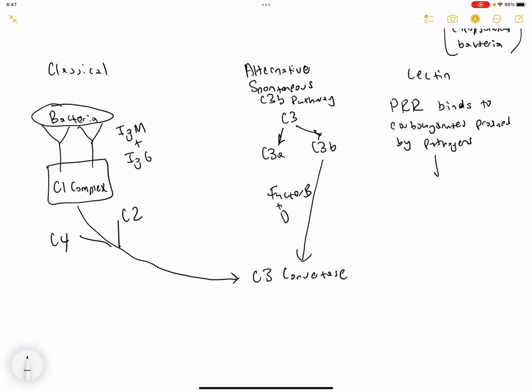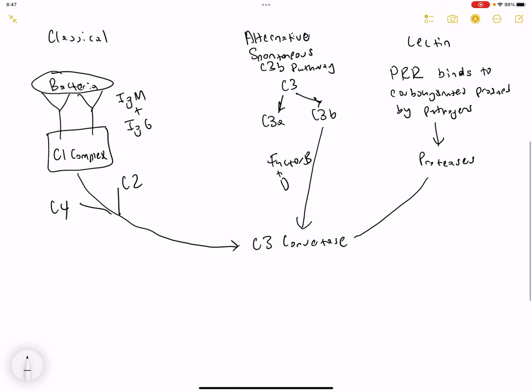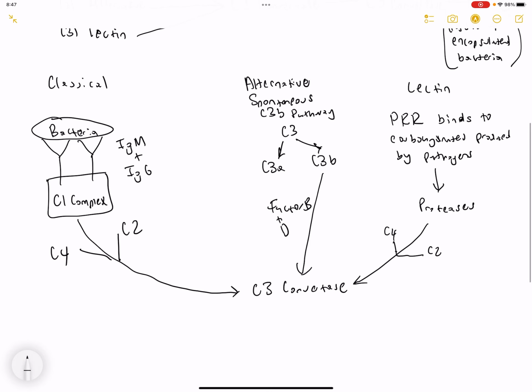Once this binding occurs, we have the formation of proteases, and these proteases are then going to cleave C4 and C2 to produce C3 convertase. The difference between the lectin pathway and the classical pathway is that the lectin pathway is not going to need the C1 complex for the production of C3 convertase.